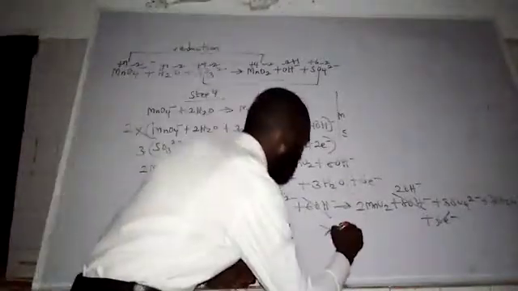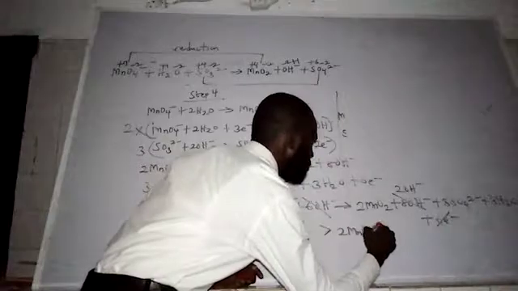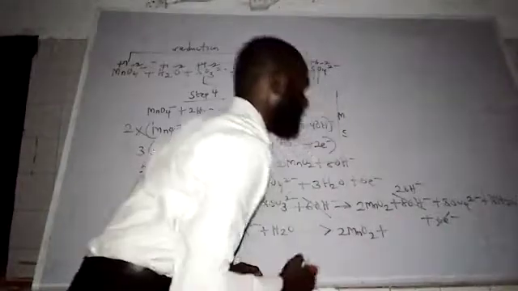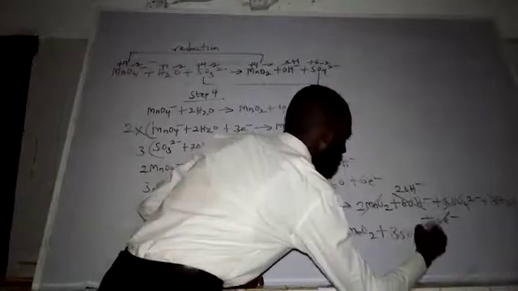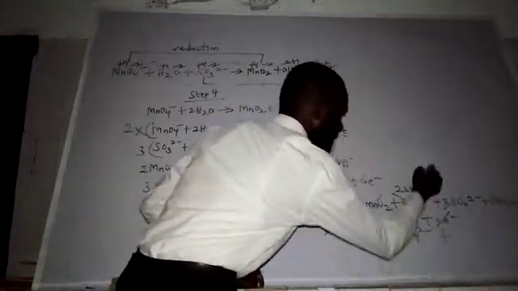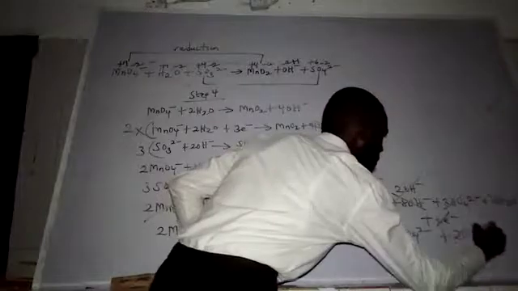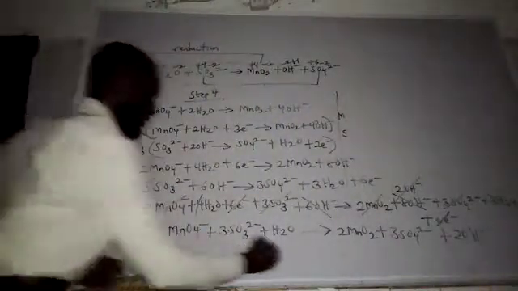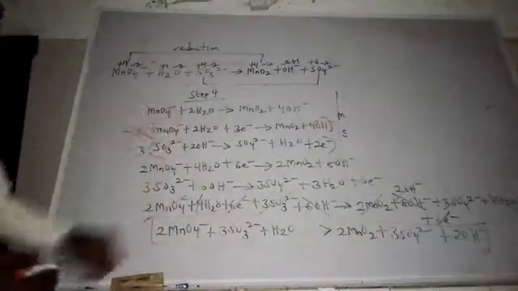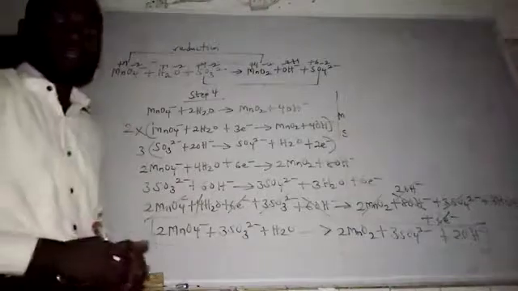I have 2MnO2, then plus 3SO4²⁻, plus my 2OH⁻ here. So this is the balanced equation in alkaline medium.